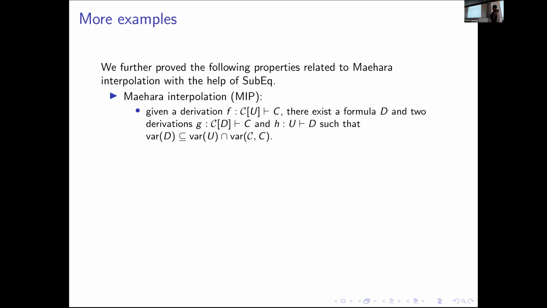And then we can do more things with the help of Agda. The first thing is we prove the Metatheory of interpolation, saying that given a derivation f, we have a procedure to find a formula d, and also 2 derivations g and h, and this d will satisfy the variable condition.